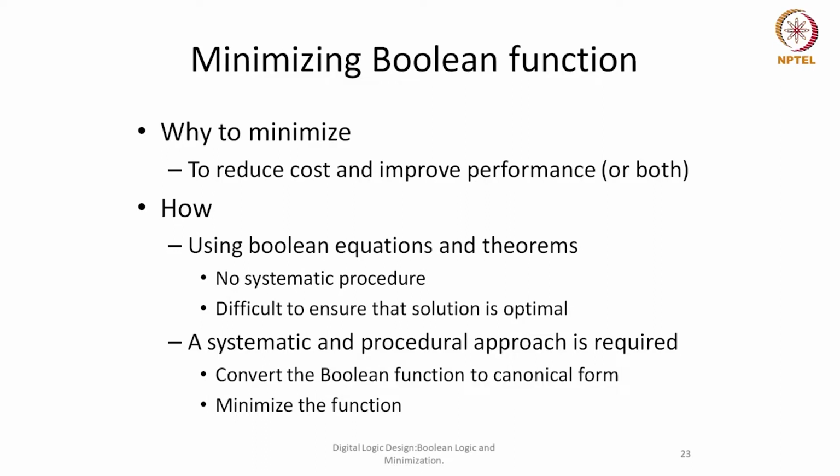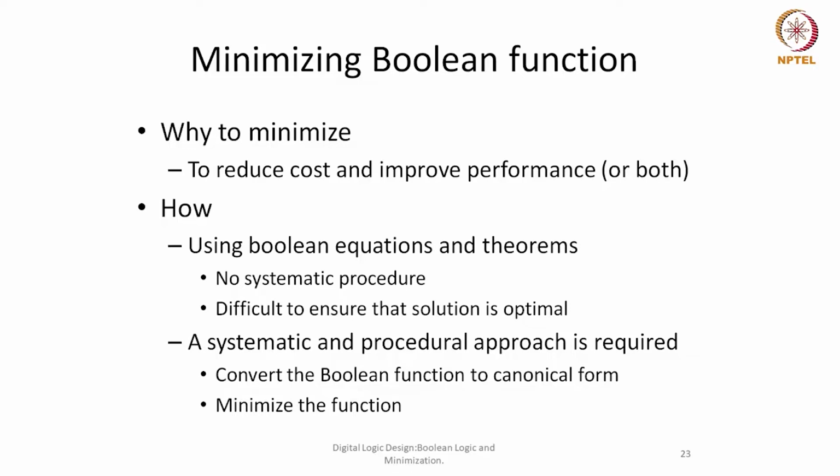So let's again understand why minimization is important. We have seen that having fewer terms certainly reduces the number of gates, which means it reduces the cost. Also, if we reduce the number of literals in each term, that reduces the number of inputs in each gate, which also reduces the cost, and the performance improves as well.